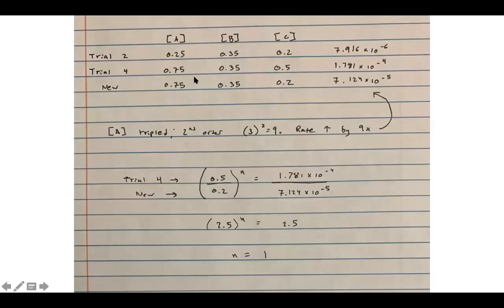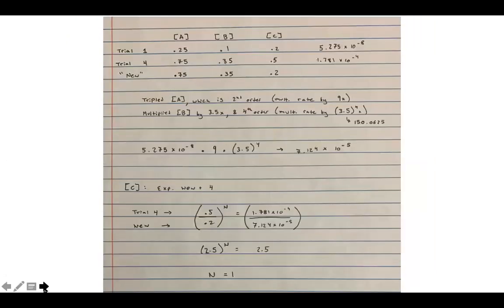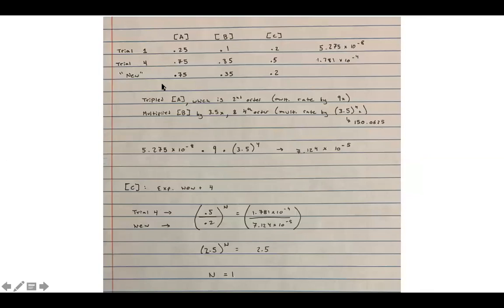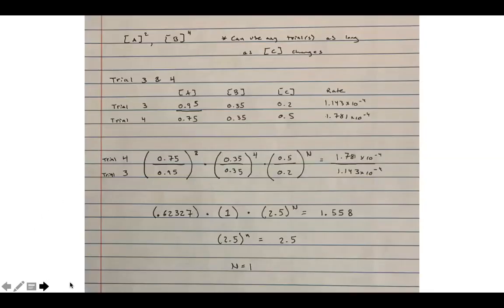This one's harder because it has 3 reactants, but I would definitely recommend everybody at least understand this and know how to do it. But if you like this method better, more likely than not, you'd be able to solve it this way. Just in case they ask for some weird, maybe, what's the data of a new trial? I don't think they would ask that, but just in case.